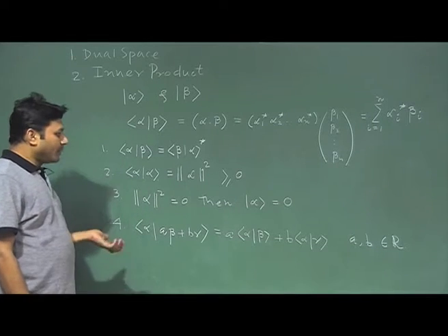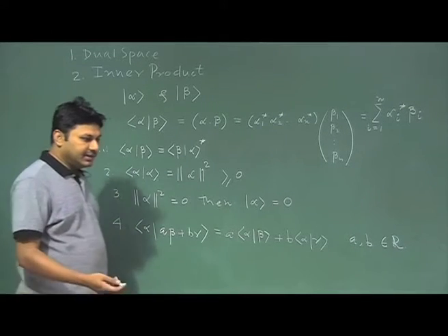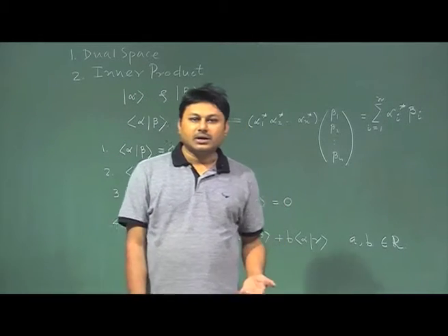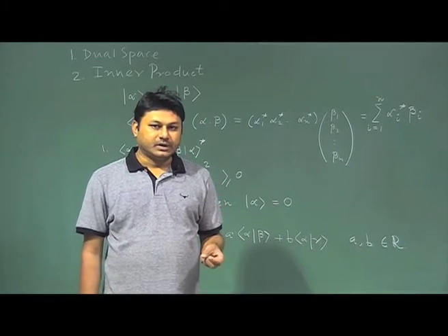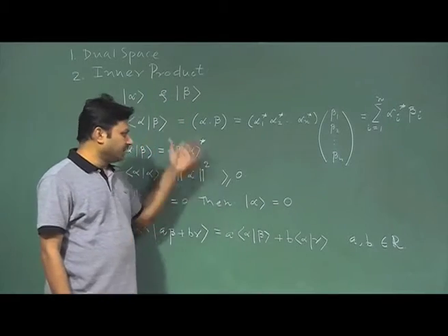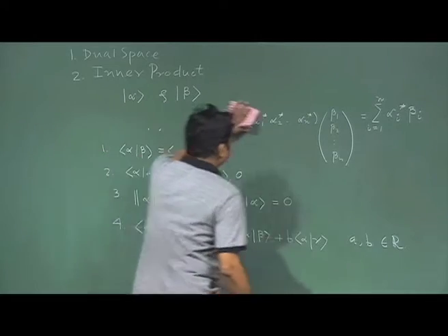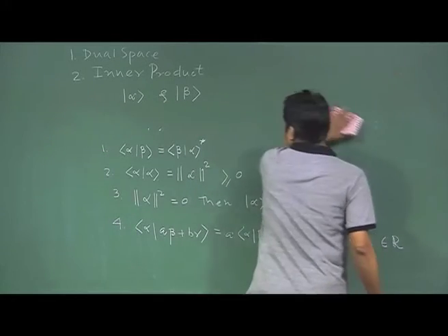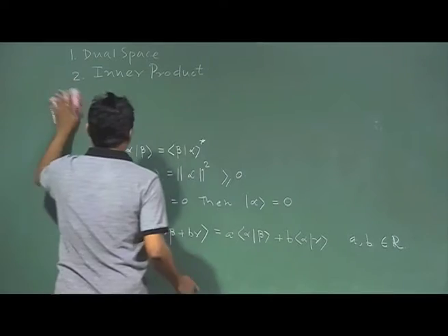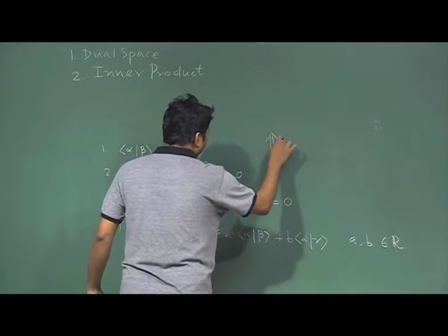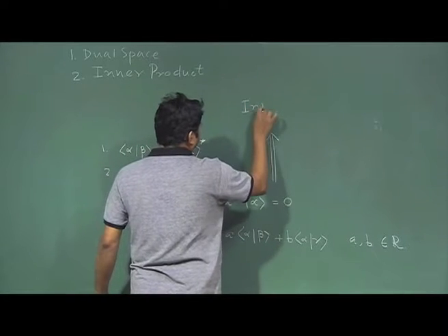If these four properties are satisfied, not necessarily in any vector space, if I can define an inner product and I can also define these four properties uniquely, then we call this space an inner product space.